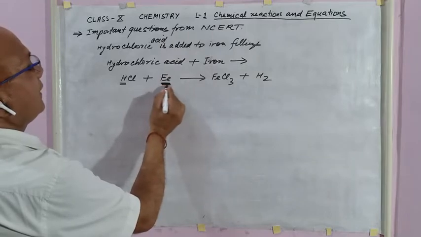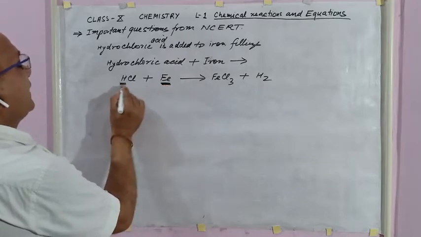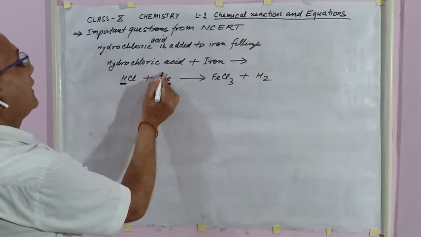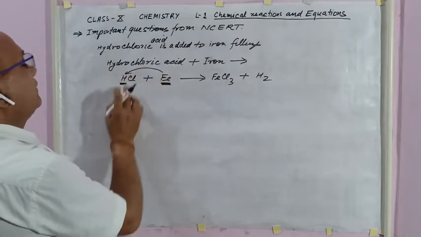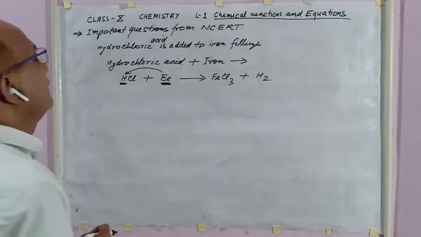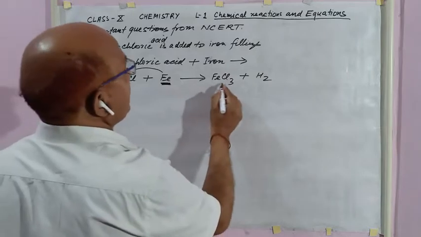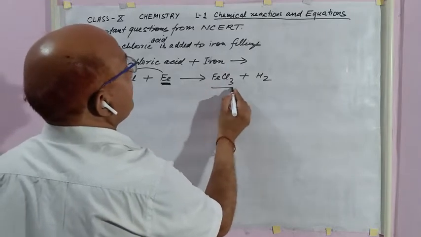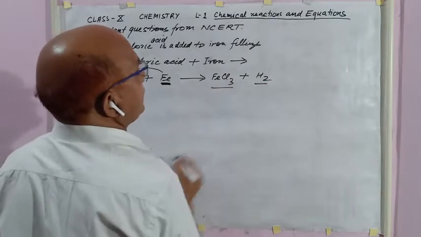Iron displaces hydrogen from hydrochloric acid and it forms a new compound, iron chloride and hydrogen.